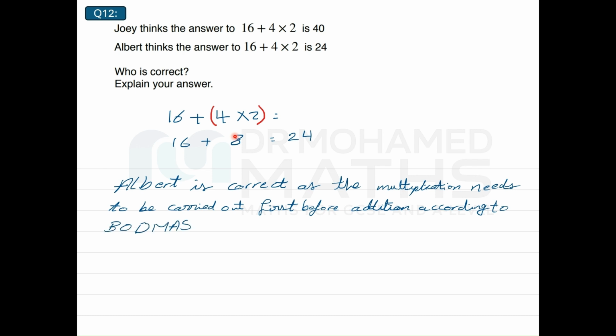In this case, if you write this, you have explained everything and you have the evidence that you used the BIDMAS rule, so you should receive the full mark here. Sometimes, if you say Albert is correct and you don't mention it's according to BIDMAS, you will lose 1 mark.